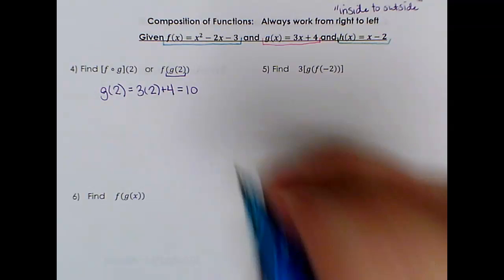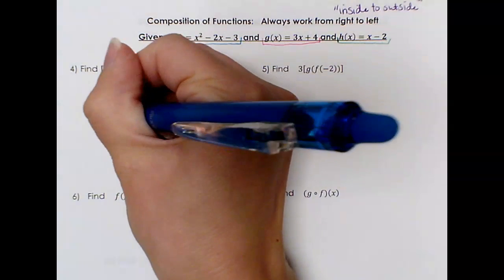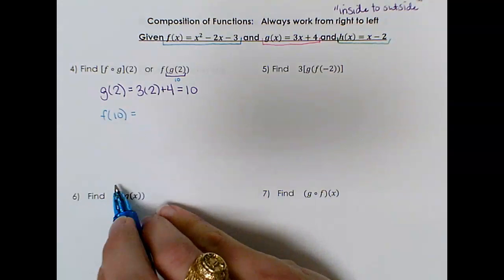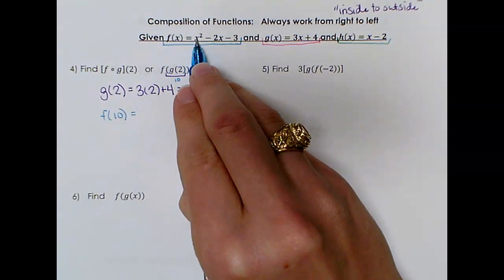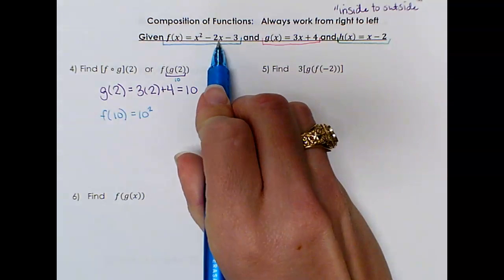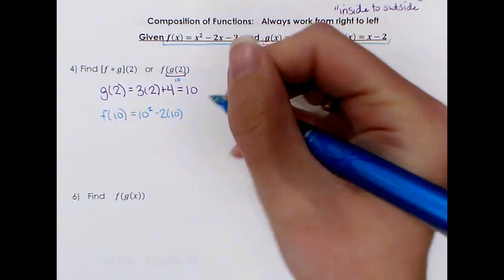Now, I need to find f of 10. So I'm going to use an x value of 10 in my f function. F of 10 equals 10 squared minus 2 times 10 minus 3.